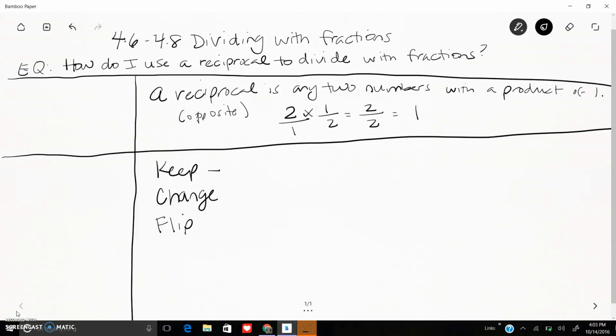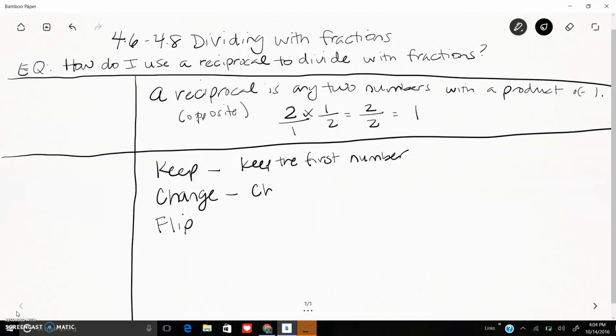All right, so the process is we're going to keep the first number or first part of the problem. It could be a whole number, a fraction, or a mixed number. So keep the first number.